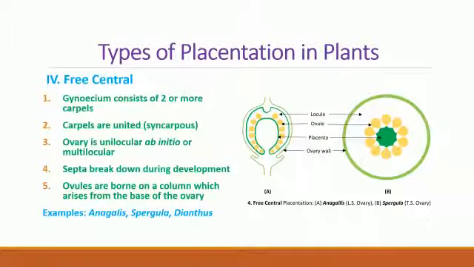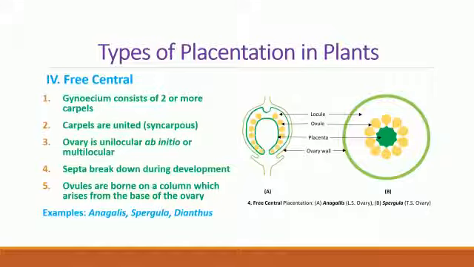Next placentation is free central placentation. In free central placentation, the gynoecium is bi- to multicarpellary and always syncarpous. The ovary is unilocular either ab initio or may be multilocular in the earlier stages of development, but the septa break down during developmental stages and the ovary becomes unilocular.